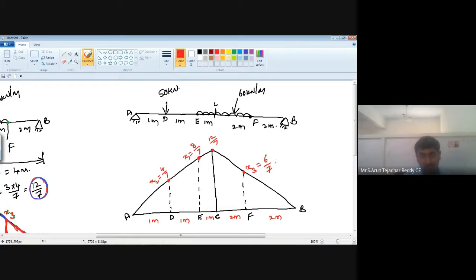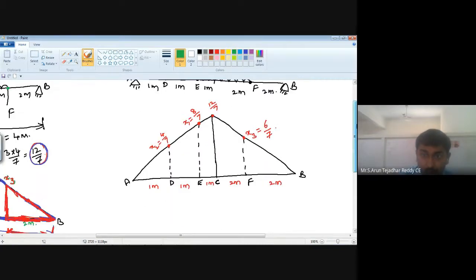See here the 50 kilonewton load is point load, so very easy, 50 into that ordinate. But E to F is acting uniformly distributed load. So we can take E to F area. So this is our E to F area.